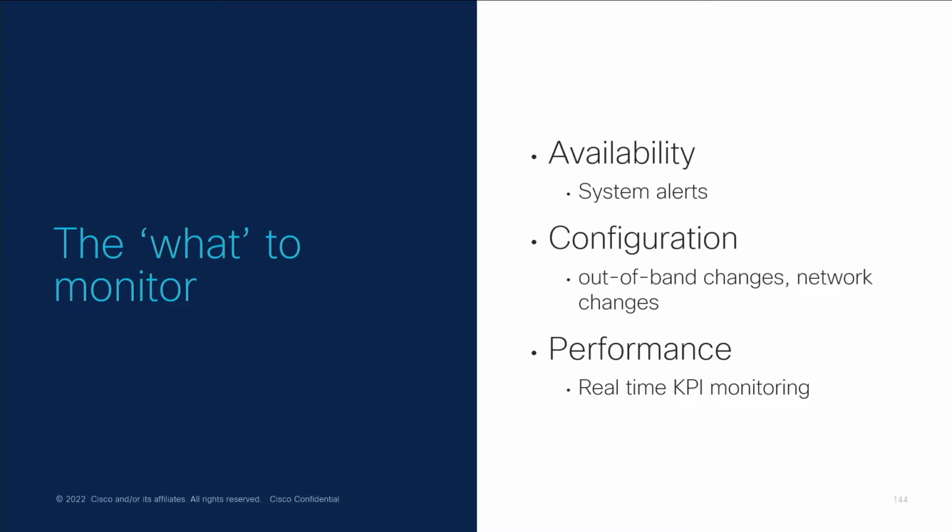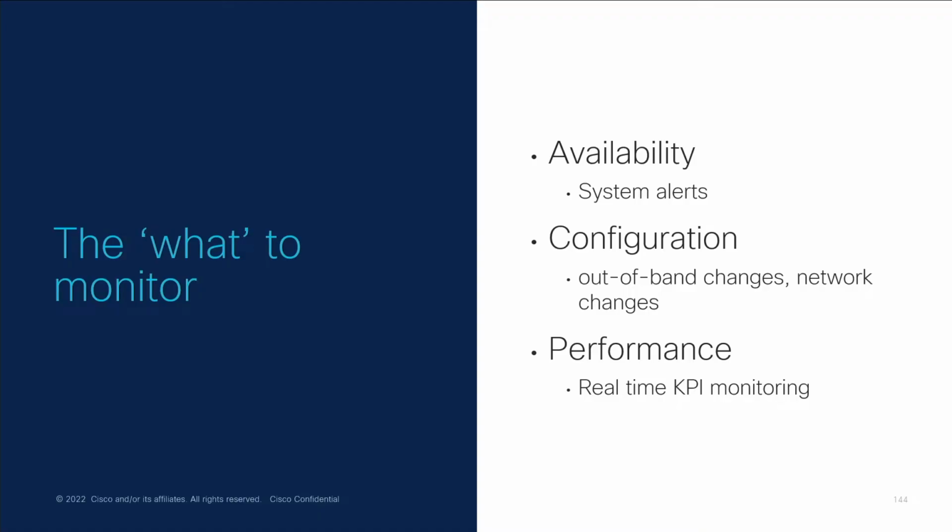With configuration, we're usually on the lookout for any changes, in particular out-of-the-box ad hoc changes that can have an effect on our networks and their operations. We also need to be aware of any dynamic network changes, and this could be IP network convergence, traffic routes, etc., that could affect our services.